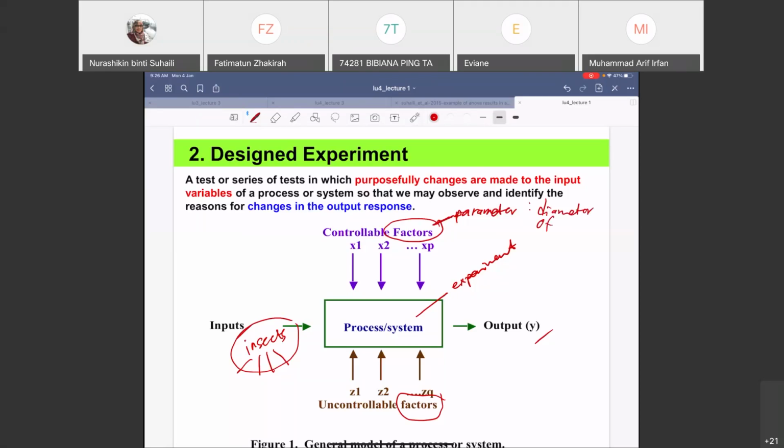That is the parameter, the controllable factor. The diameter of the head is the parameter that you want to measure. And then what is the output? It is the result of the diameter. This is actually the result, or the response.